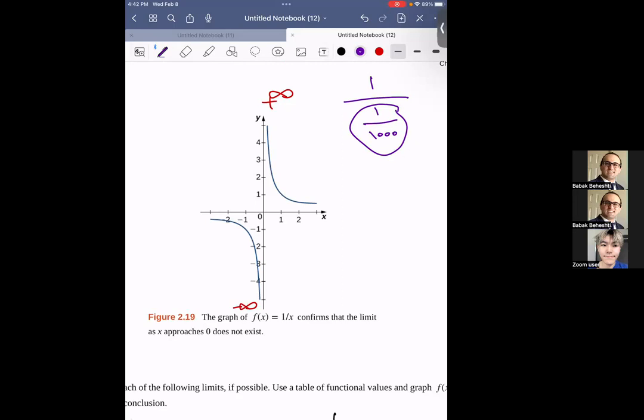Basically, when you flip it, so 1 over 1 over 1 million is 1 million, right?